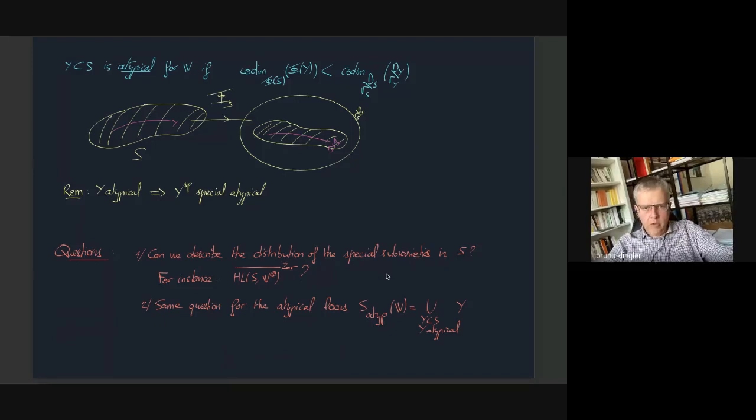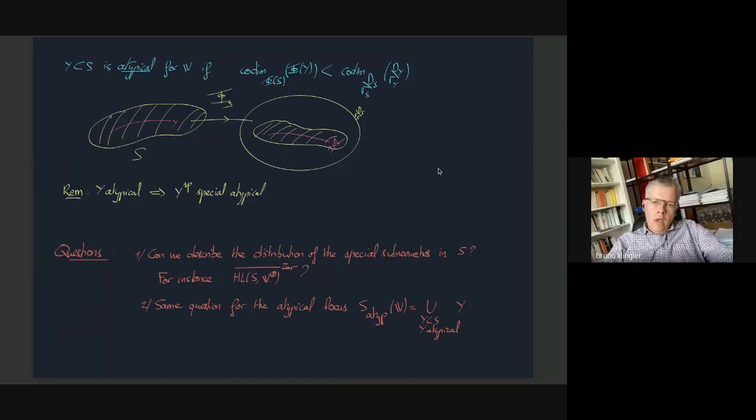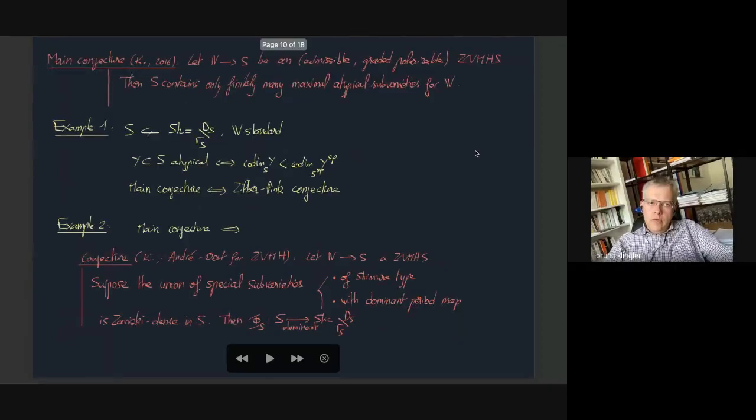Can we say something about that? And a second question is, can we say more if we restrict ourselves to the atypical locus? So the locus of special subvarieties where your period map has excess intersections with those Dy mod gamma y in the image. Okay. So this is the kind of question I want to address now.